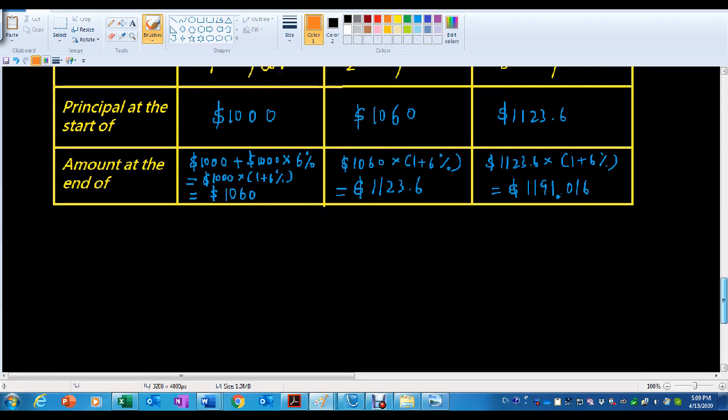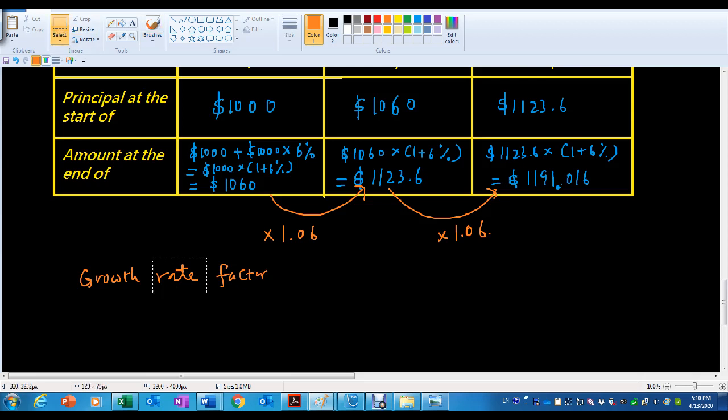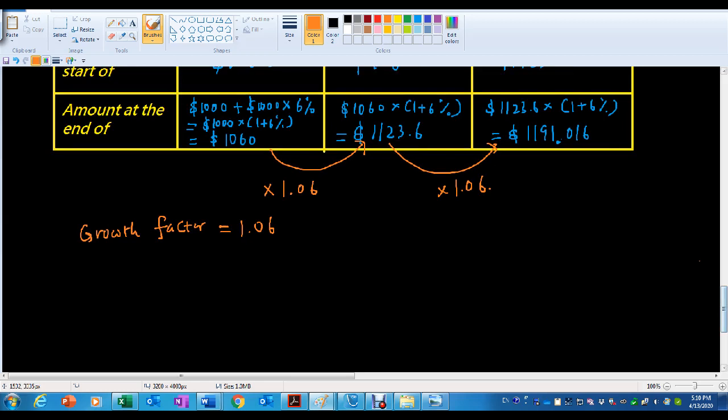Remember that in this case each time you multiply by 1.06, so the growth factor would be 1.06. So that's our R.